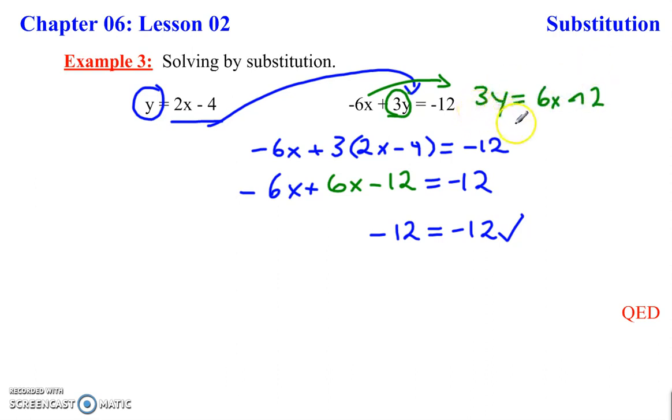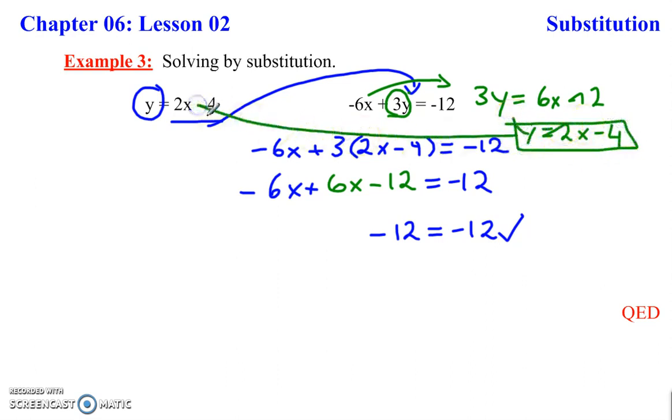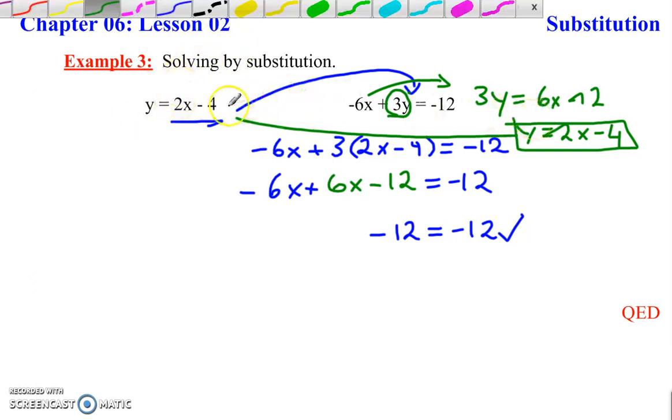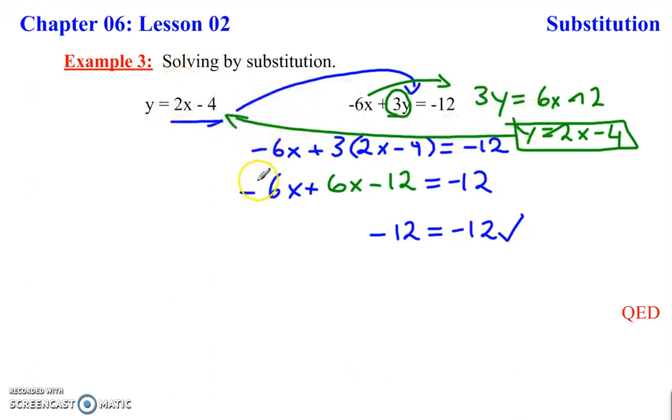Divide the entire thing by 3, and we get y is equal to 2x minus 4. Compare this to your original equation, and you will see those are the same line. So, infinite number of solutions, same slope, same y-intercept.